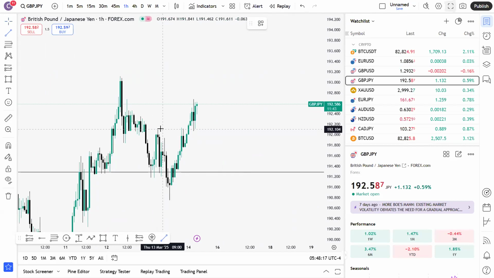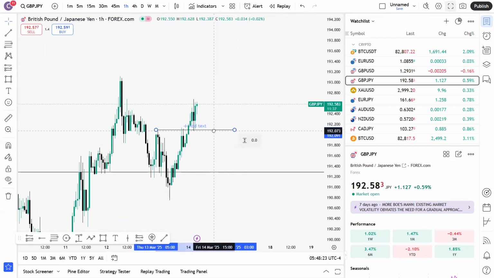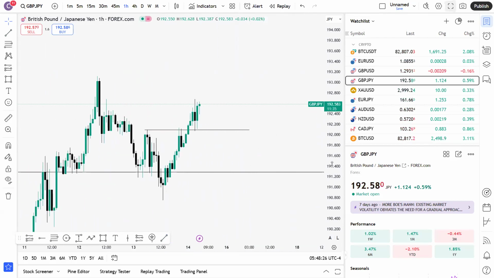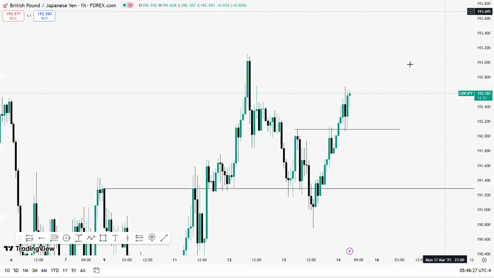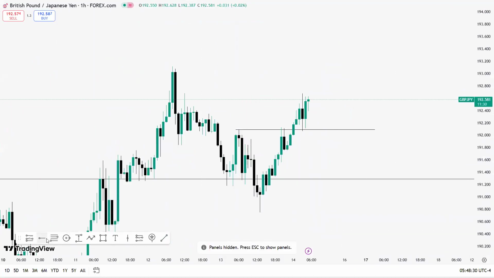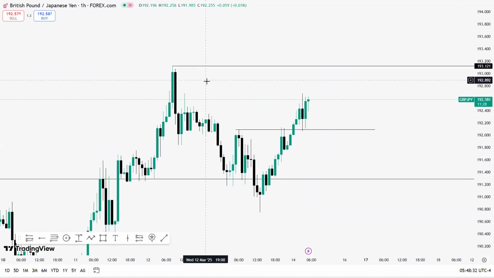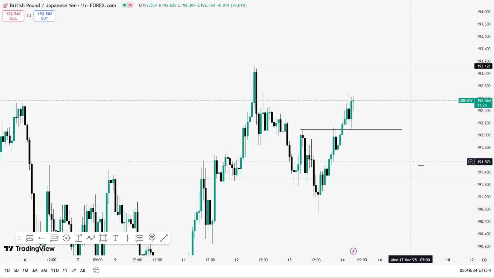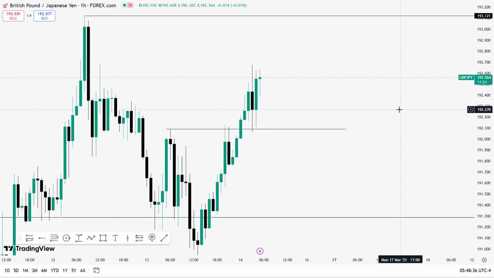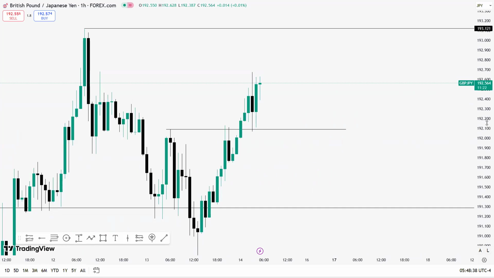I analyze it as it has taken the liquidity inside, the clear up liquidity here to this other block so that it can retrace. Which liquidity are you talking about? This one.